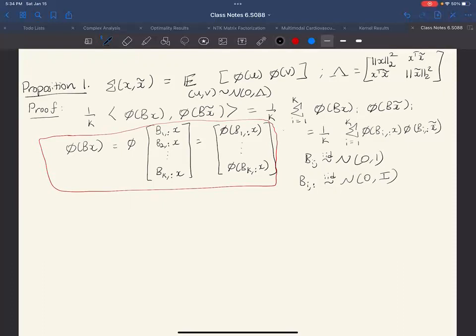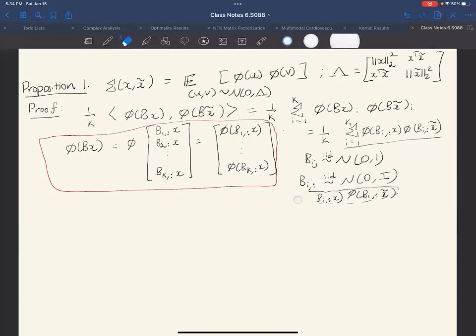Okay, so now I'm summing over k random variables, so the phi of b_i x and phi of b_i x tilde. This quantity here is just a random variable. I'm taking k samples of this random variable, and I'm averaging it. So this is exactly the law of large numbers.